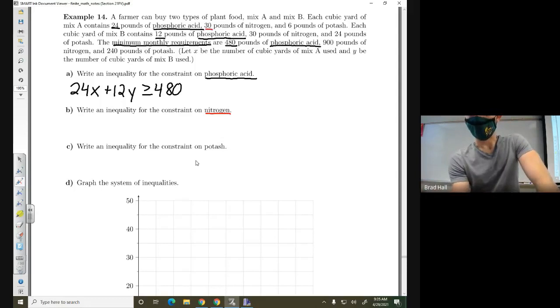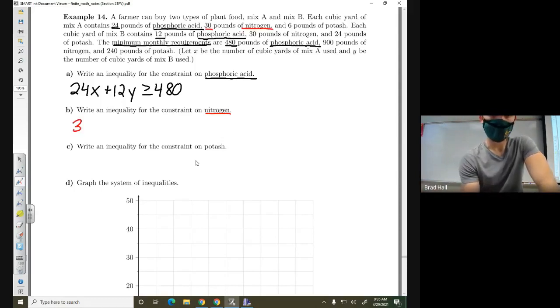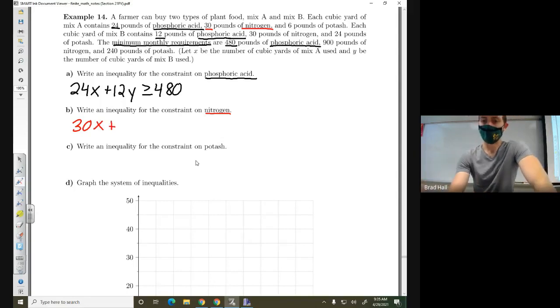This process is going to be continued for, say, nitrogen here. I see 30 pounds of nitrogen, so 30x. The next reference for nitrogen, 30 for nitrogen again, just put 30y. The minimum monthly requirement, so that's still the same inequality symbol. And the next reference to nitrogen is 900 pounds of nitrogen.